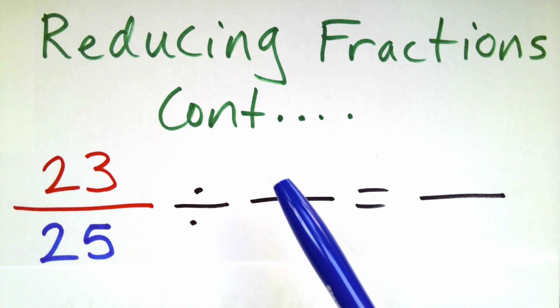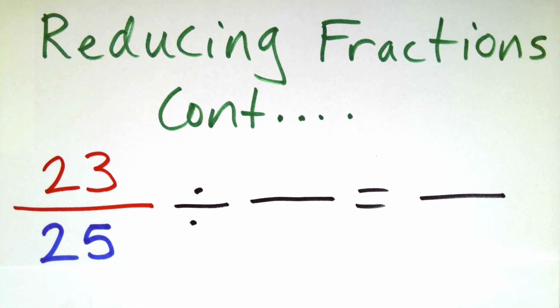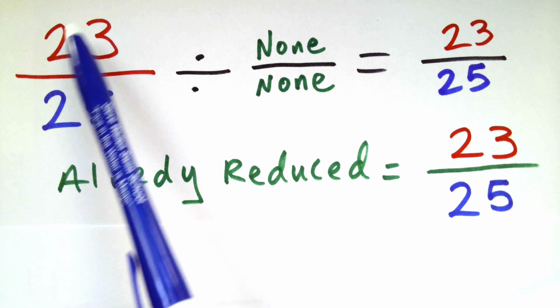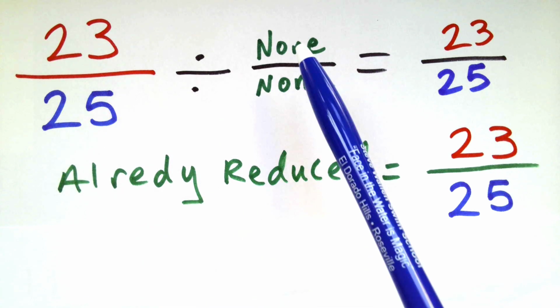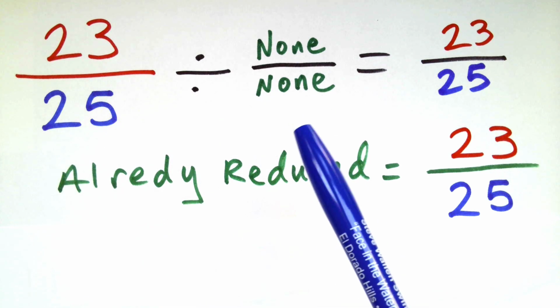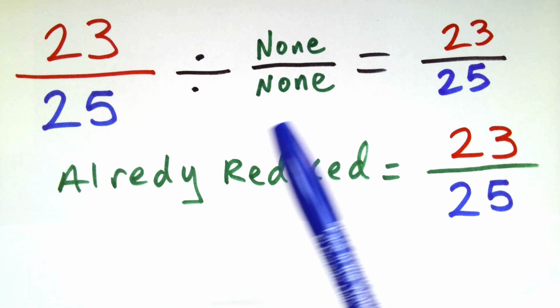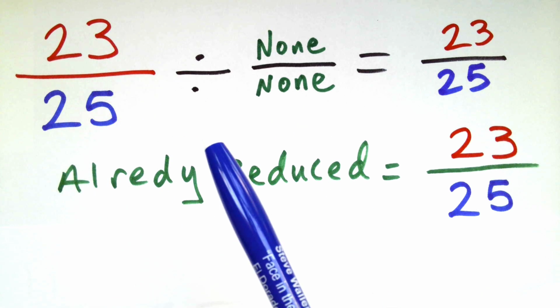What number can we divide evenly into both top and bottom? Stop, pause, try this out yourself. Don't get mad at me now, I'm not trying to trick you. But sometimes you'll find a fraction is already reduced. There are no numbers other than 1 that can divide into 23 and 25 evenly.